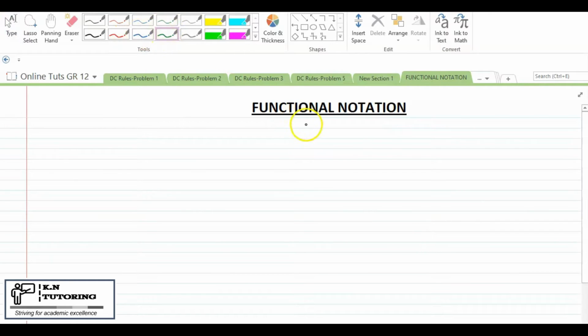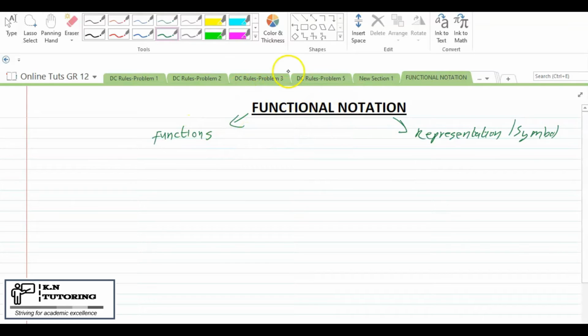Functional notation has to do with representation, or symbol. It relates to what we've already covered, which are functions. It's a way of representing your function graphs.